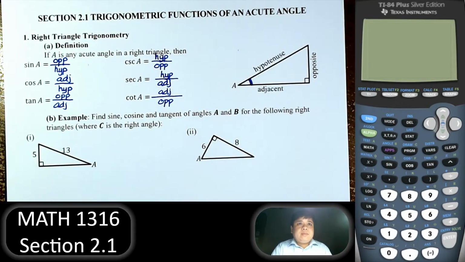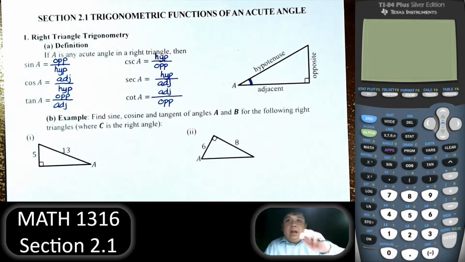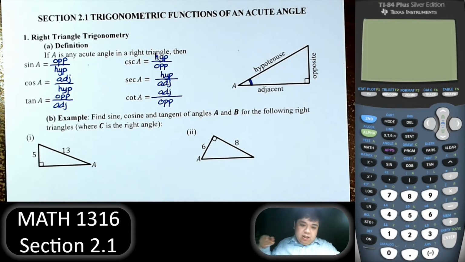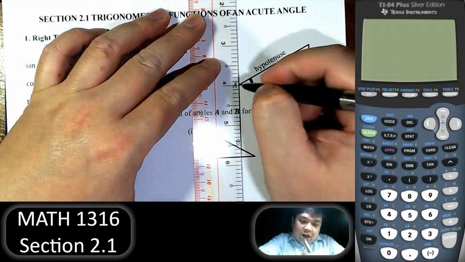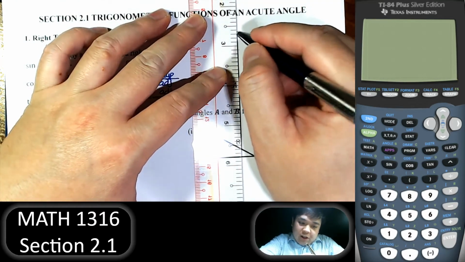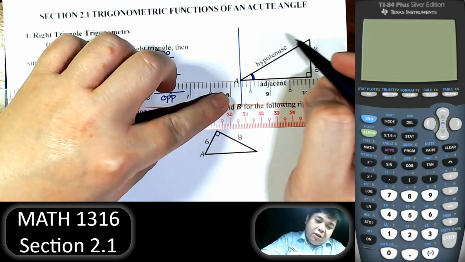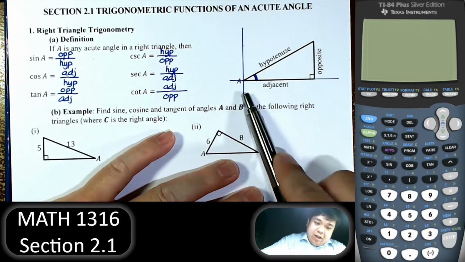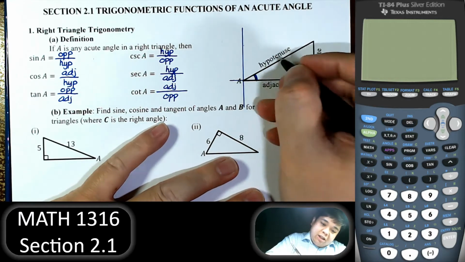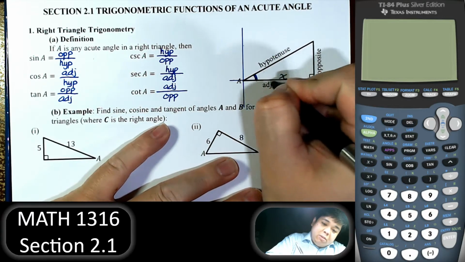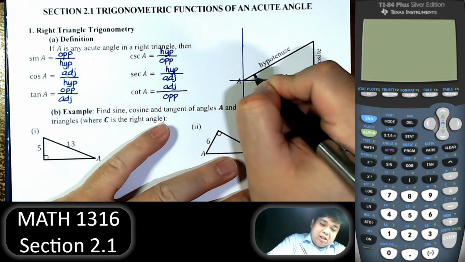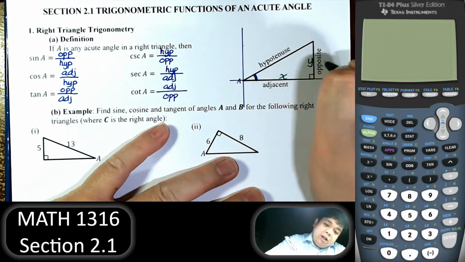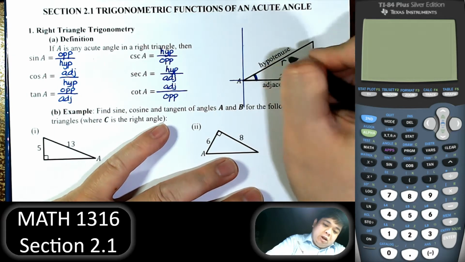Now, if we write the coordinates based on this, if we write A in standard position, then the adjacent is going to be x. It's not always, but in this case, angle A is in standard position. Adjacent will be x, opposite is going to be y, and hypotenuse is going to be r.